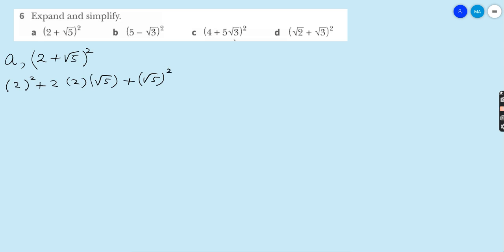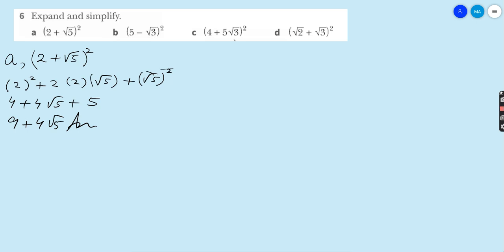I repeat again, I applied the a plus b whole square formula. Here a is 2 and b is root 5. 2 square is 4. 2 into 2 into root 5 is 4 root 5, plus square and root cancel, 5. 5 and 4 is 9. 9 plus 4 root 5. This is the answer of part A of question number 6. 9 plus 4 root 5.